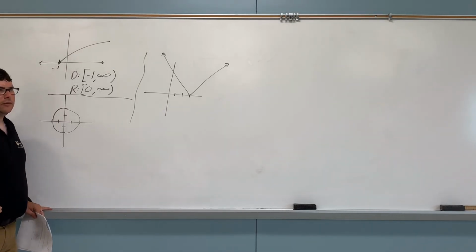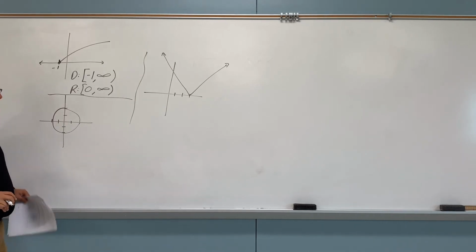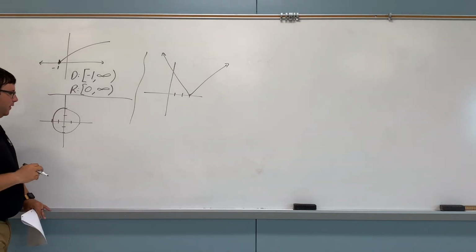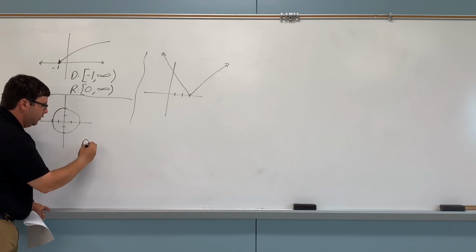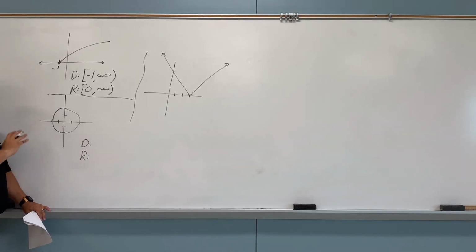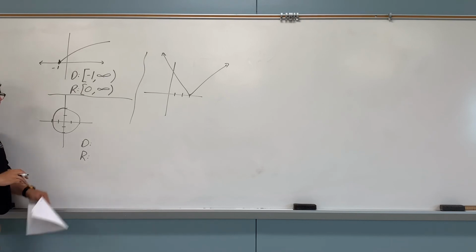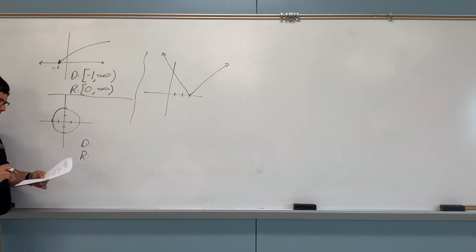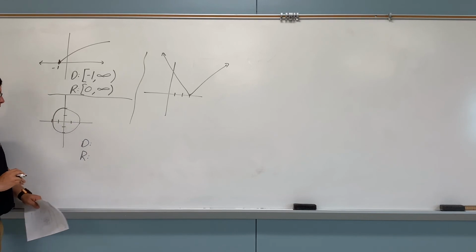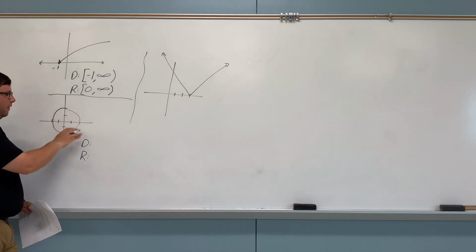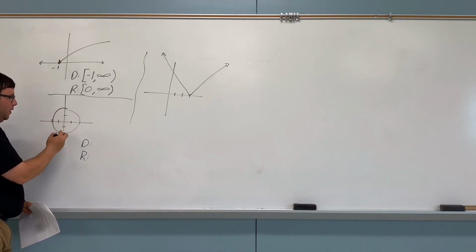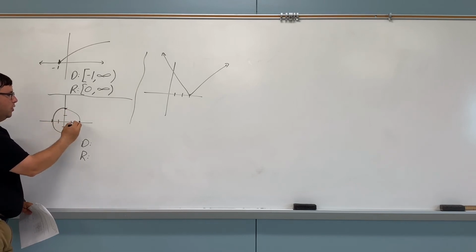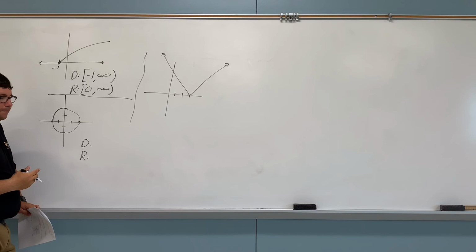Let's talk about this circle. Circles are fun. As we're looking at this particular circle, we want to identify again domain and range. I tried to draw this to scale, so I suggest using your diagram that's already provided. But as you're looking at this scale, notice that my circle passes through 2 units in either direction, and it is a circle.